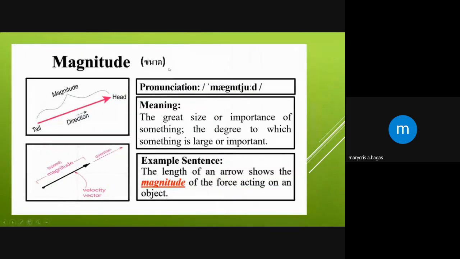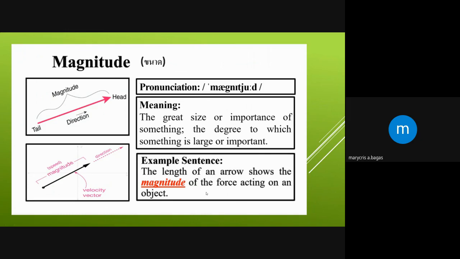Next word, magnitude. Okay, magnitude. The length of an arrow shows the magnitude of the force acting on an object.